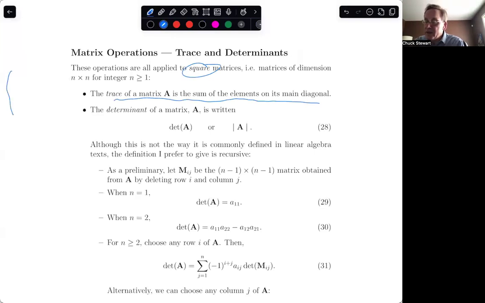So let's do 3, 6, minus 1, 4, 7, 3, minus 2, 5, and 1. So then the trace is just 3 plus 7 plus 1, which is 11.